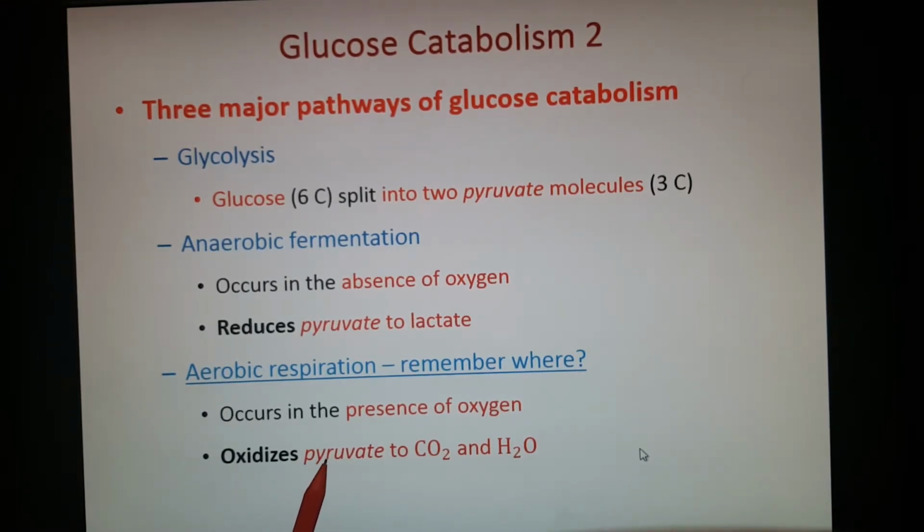That pyruvate molecule then eventually becomes carbon dioxide, which is exhaled, as well as H2O, which the body just uses. It's your body's own way of making its own water, called metabolic water. It's one of your water sources, which you'll cover in the next module on the urinary system, how fluid is used throughout the body.